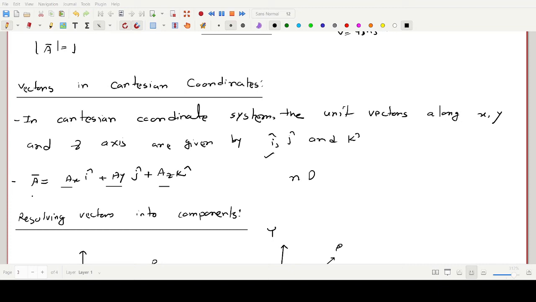Since at this level we are interested in only 2D and 3D vectors, if you can write any 3D vector in this way, you can also write a 2D vector A in this way.